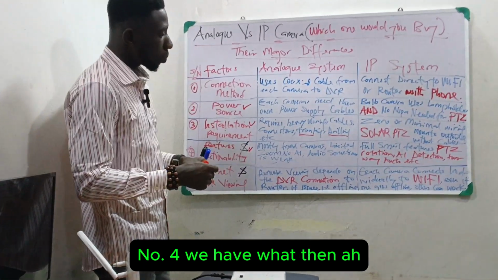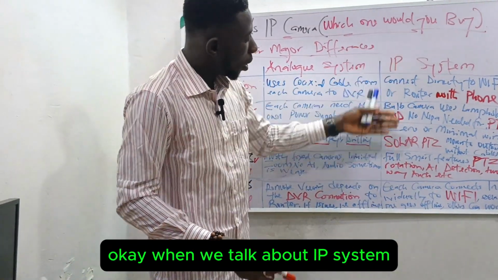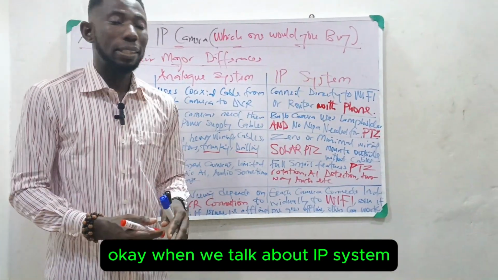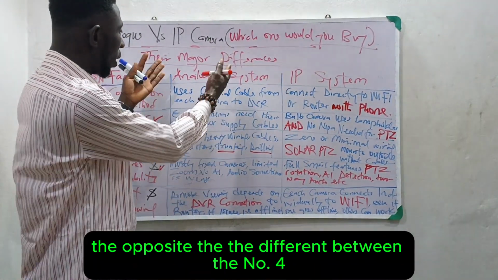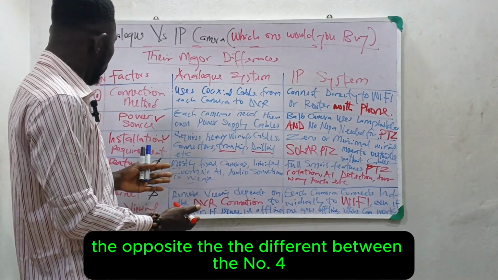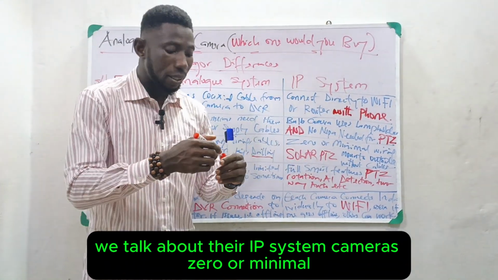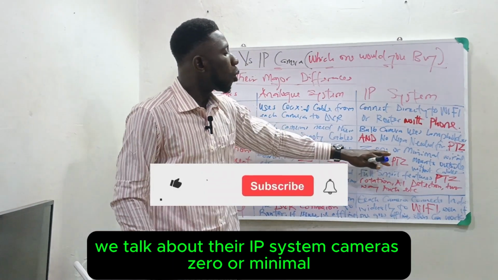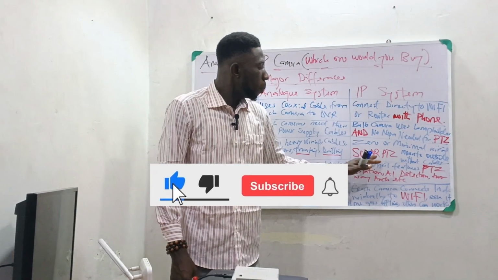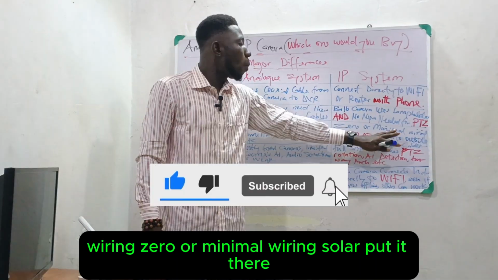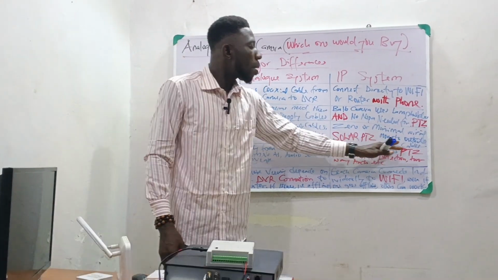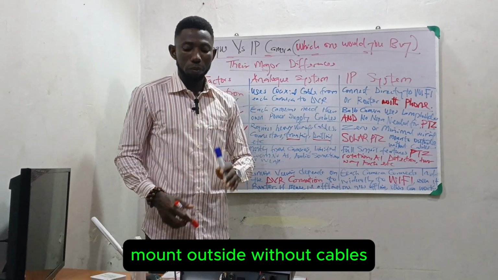Then, when we talk about the IP system, the difference in the installation requirement, we talk about IP system cameras: zero or minimal wiring. Solar PTZ mounts outside without cables.